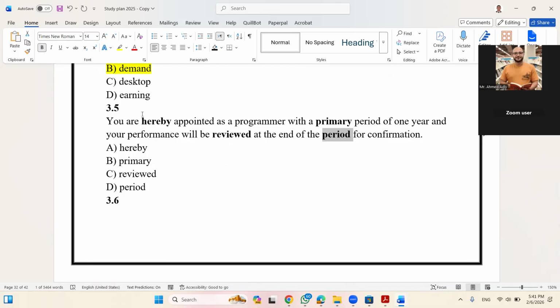Yeah, replace it. Will be reviewed at the end of the year for confirmation. The words that you need to replace are in bold: hereby, primary, reviewed.